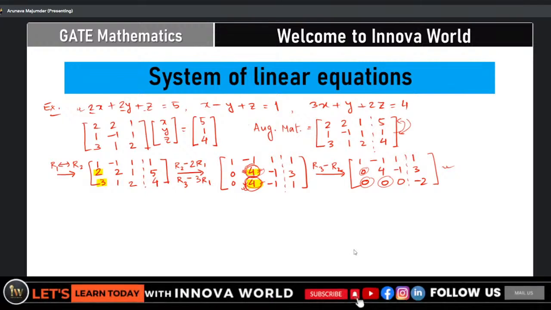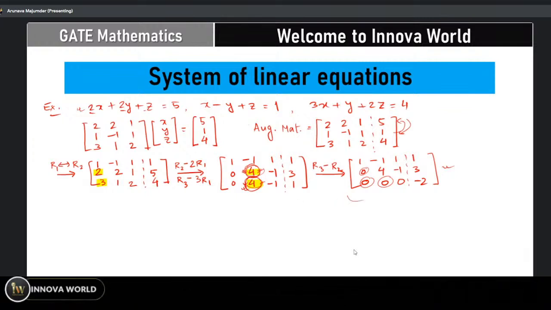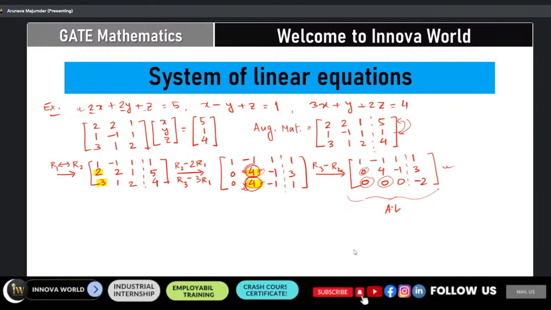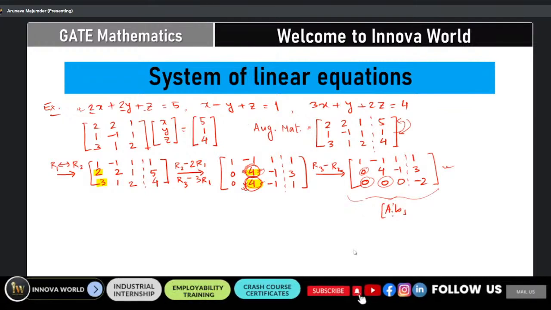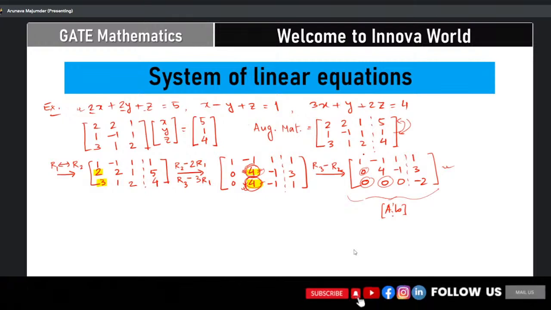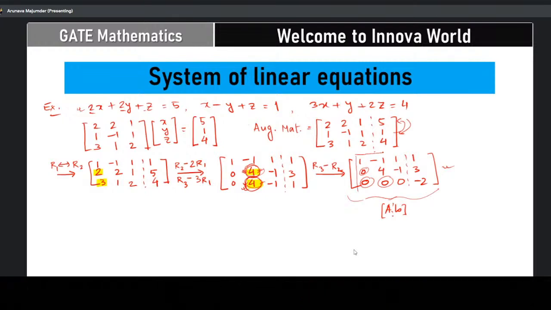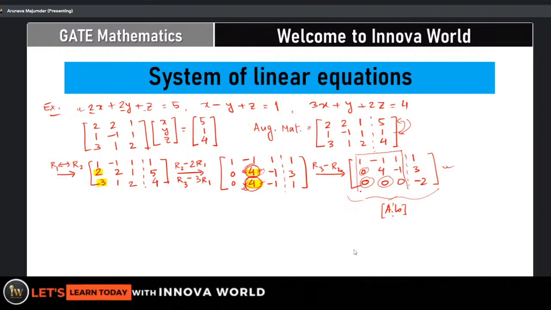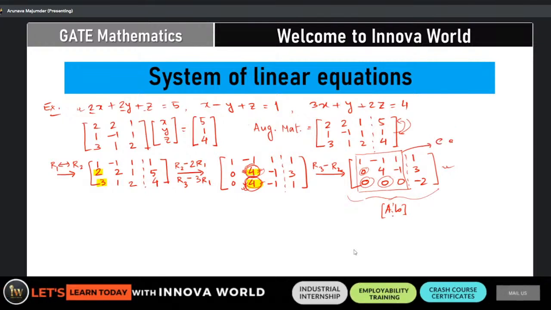Okay, so what is the rank of this entire matrix? The entire matrix is the AB matrix, that is the augmented matrix. And this matrix, that is this one, let me make a square box, this matrix is the coefficient matrix.